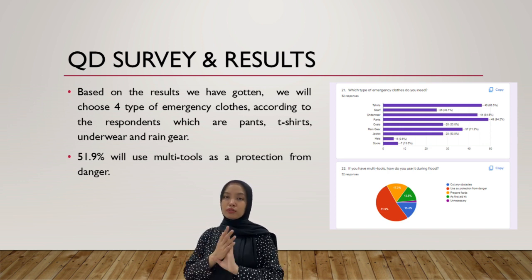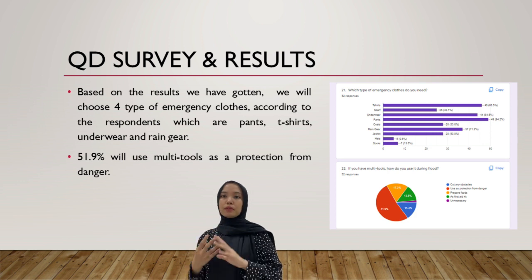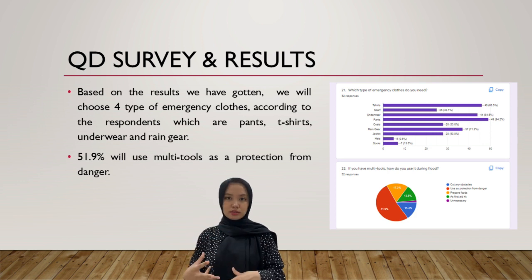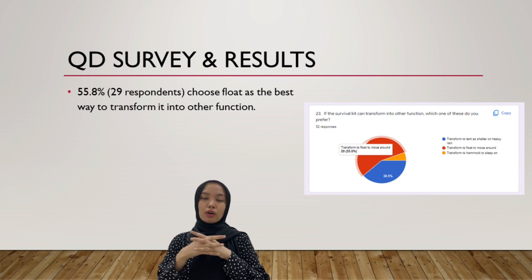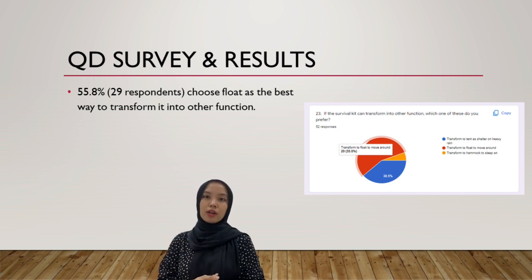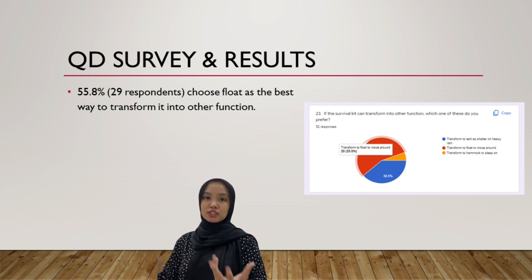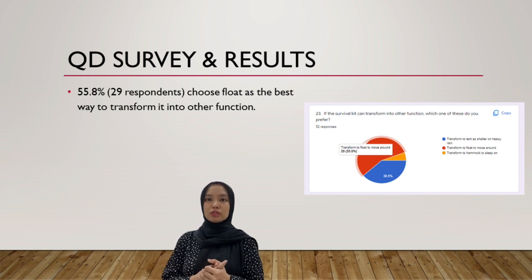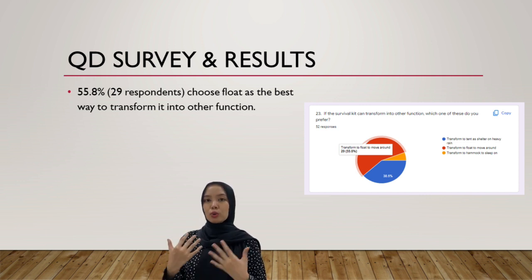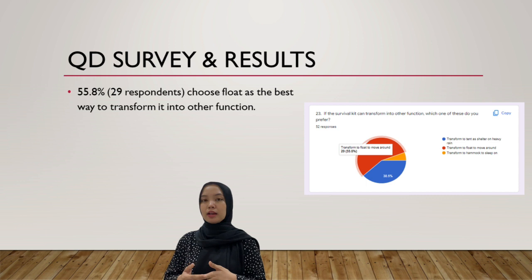Next question, 51.9% will use multi-tools as protection from danger. For new features for the backpack, 55.8%, which is 29 respondents, chose float as the best way to transform it to another function.